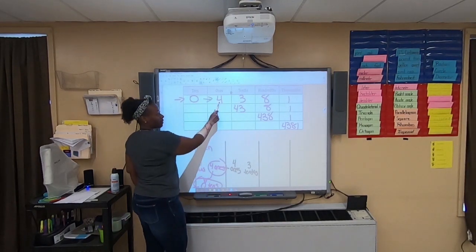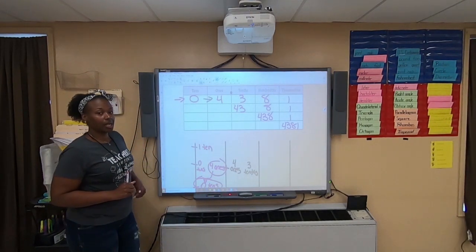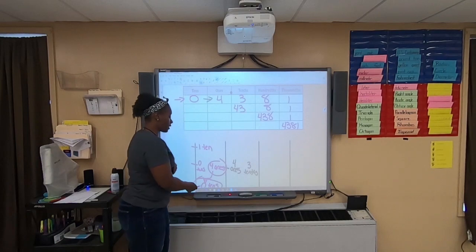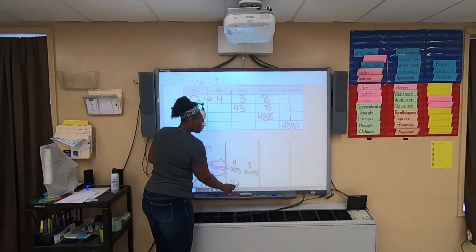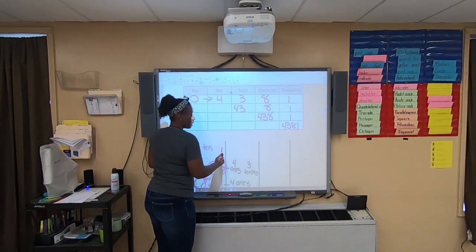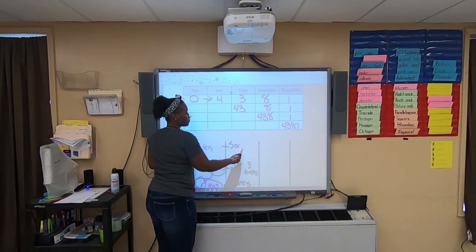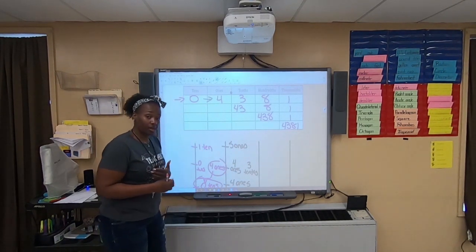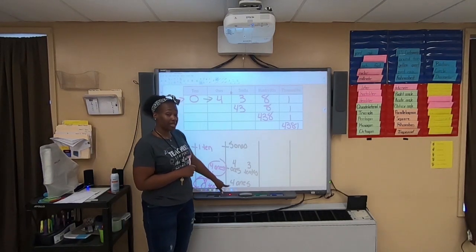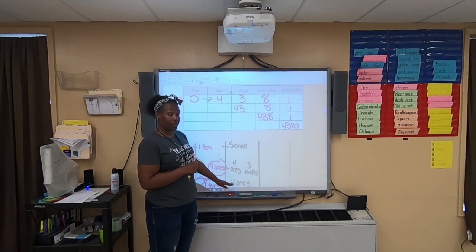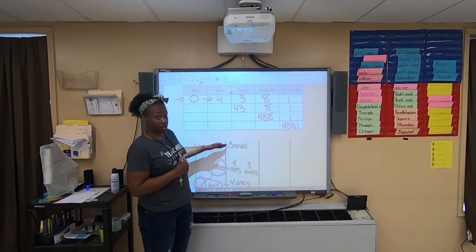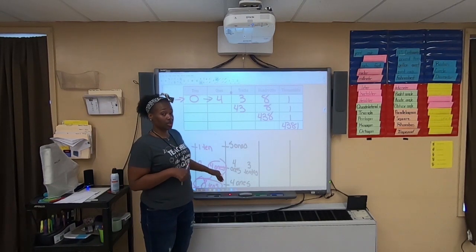So all I've copied is my 4 ones, 3 tenths. Now for my options. I'm either going to round down to 4 ones, or I'm going to round up to 5 ones. Remember, as I said, if you repeat a grade, if you don't pass, you don't go back down to 3rd grade. You either stay in 4th grade or you pass to 5th grade. We do not go down to 3rd.